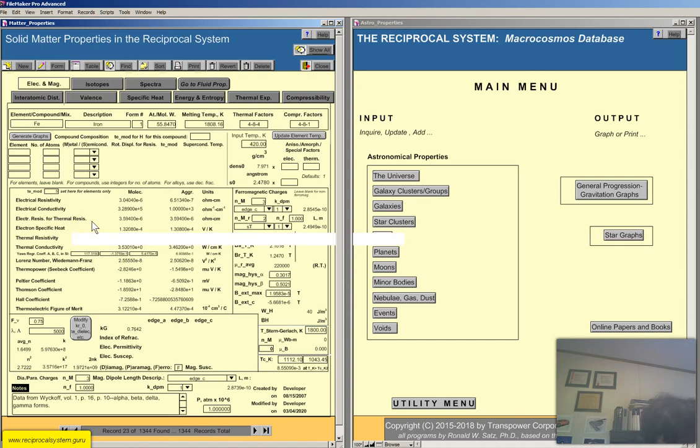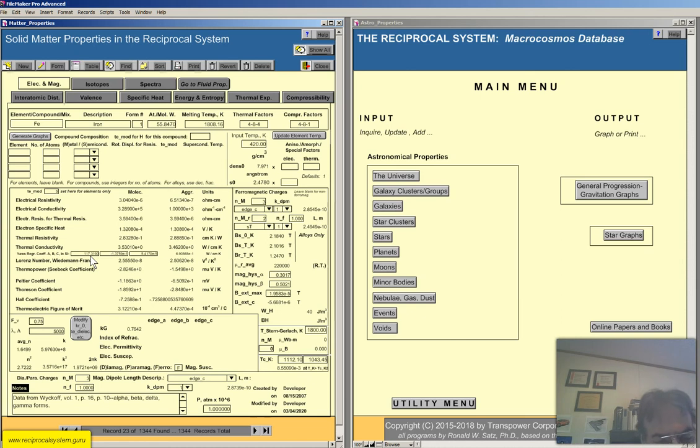Electron specific heat is calculated here, it's volts per Kelvin. Thermal resistivity is here. Thermal conductivity is here. And here we have the Yaw's regression coefficients A, B, C here. And that's to compare with, empirically.